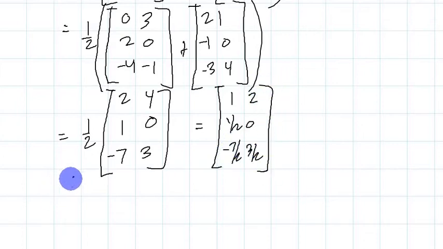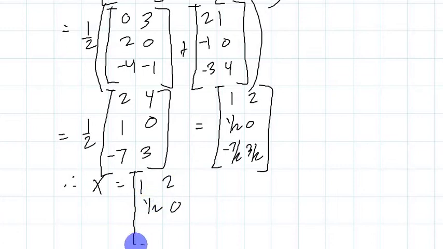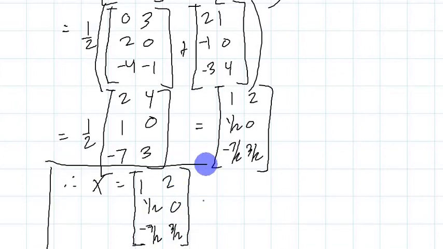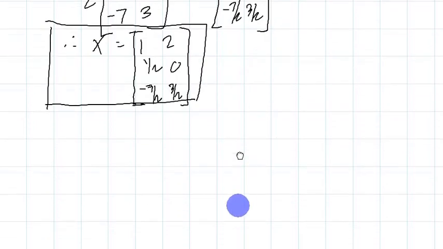So therefore, matrix X is equal to the 3 by 2 matrix 1, 2, 1/2, 0, negative 7/2, and 3/2. So there you go. So let's solve the other equation. Let's pull that up.